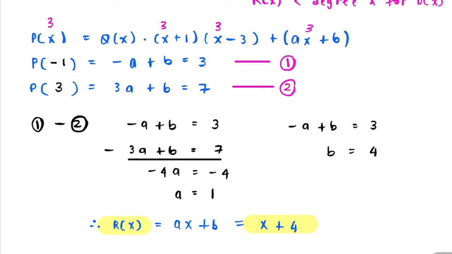Just substitute into the first equation, negative a plus b equal to 3, and your b will be 4. Substitute into the remainder just now, the linear equation ax plus b. When a is 1 and b is 4, your r(x) will be x plus 4 only. So this is the answer for the remainder when the polynomial is divided by this quadratic.